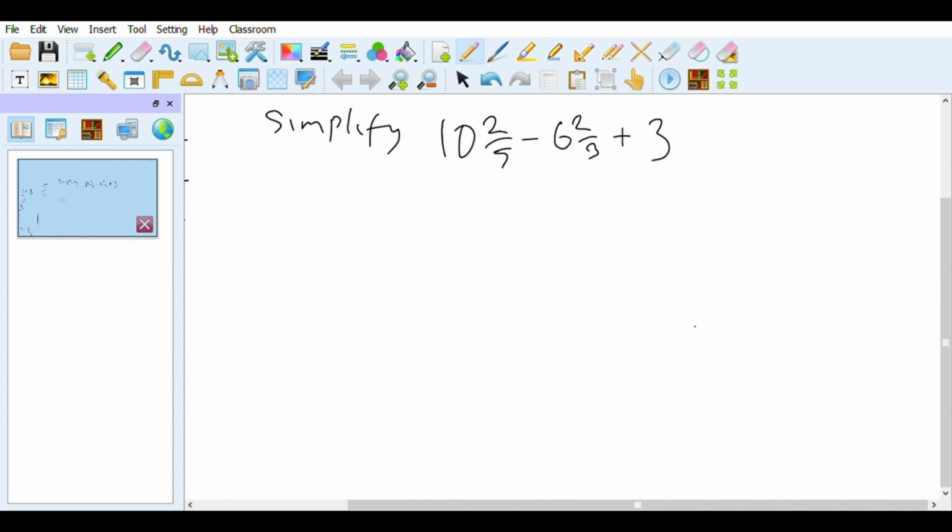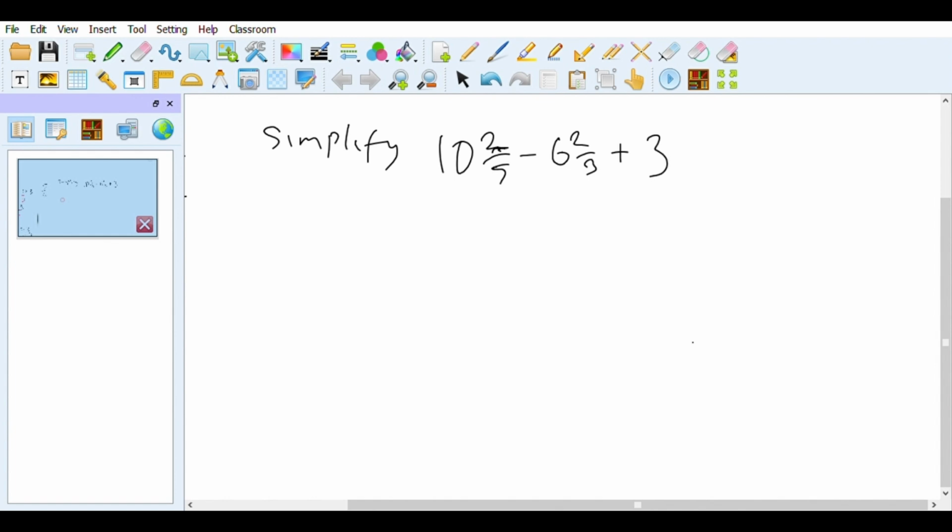To change to improper fractions, use 5: 5 times 10 is 50, 50 plus 2 is 52 over 5, minus 3 times 6 is 18, 18 plus 2 is 20 all over 3, and then plus 3.